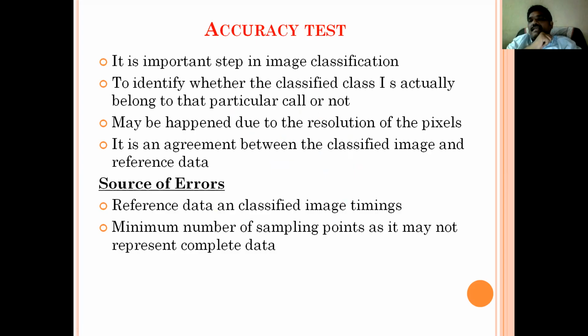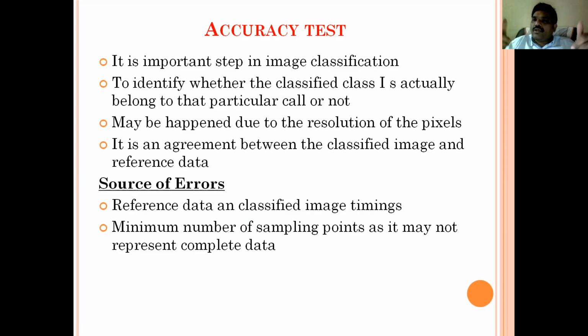It is mandatory and most important after the classification, to check whether the classes identified actually belong to that particular class or not, which may be wrong because of resolution mismatches. It is an agreement of truth, which comes out by comparing the classified image and reference data.